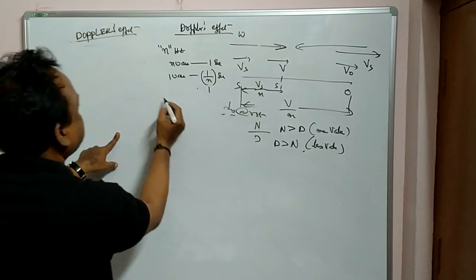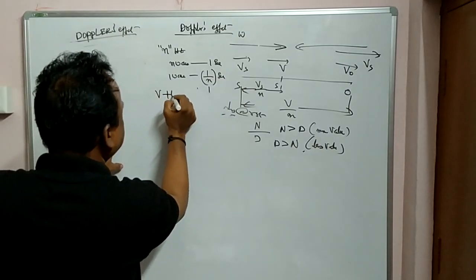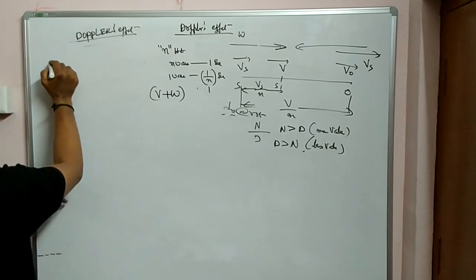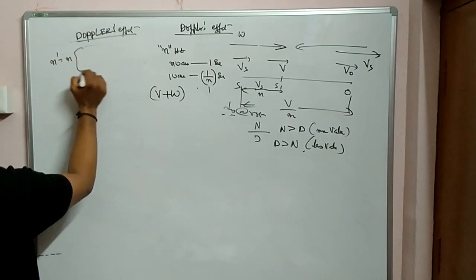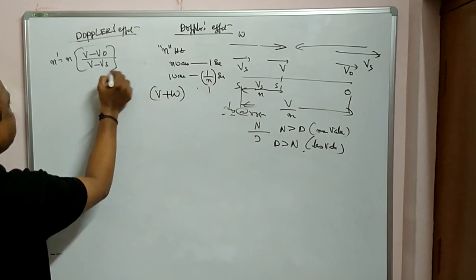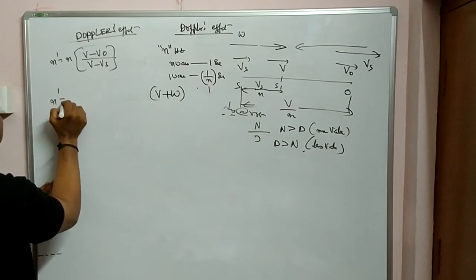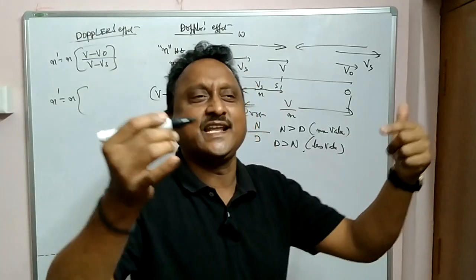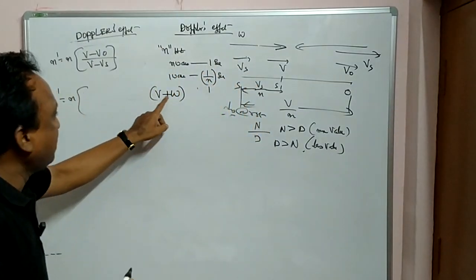Now what is the relative velocity of the sound? It becomes more, v plus w in the same direction. So what happens then? n dash is equal to n into (v minus v0) by (v minus vs). Equation of the apparent frequency: when wind is in the same direction, the apparent frequency increases because the relative sound velocity increases, v plus w.